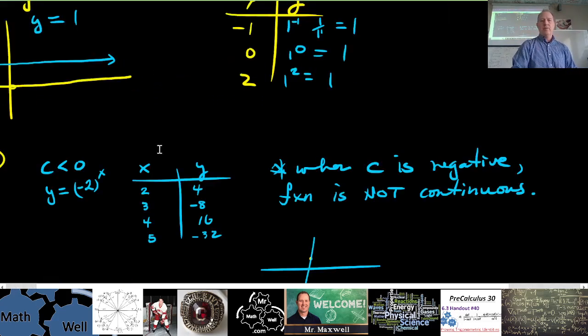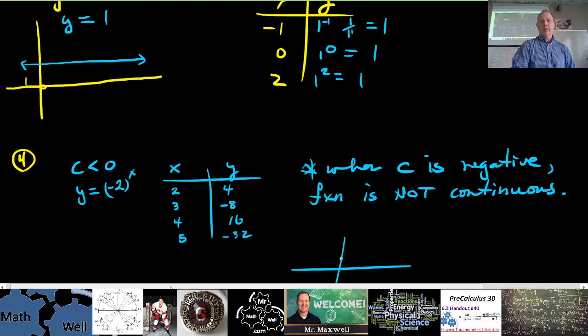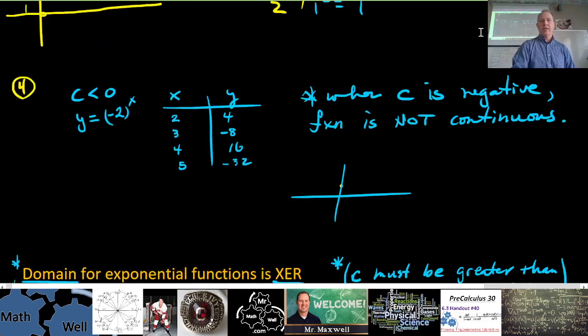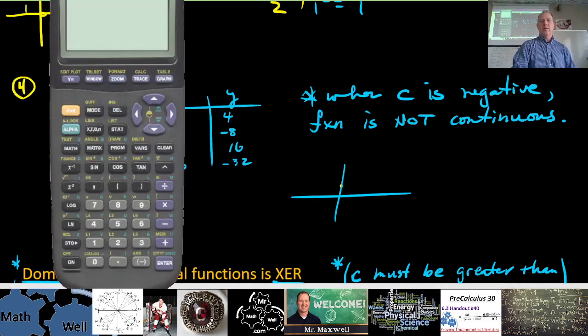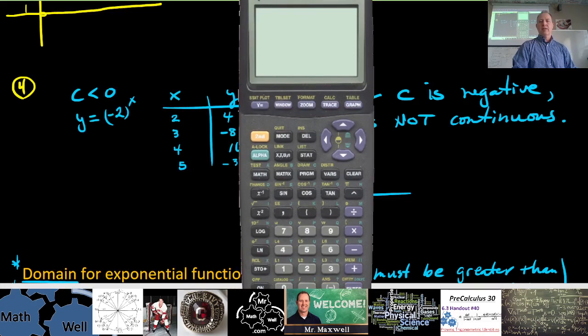So what happens if we have a negative value for c? So c is less than 0. Let's say that c is -2 to the power of x. It should be noted that if you type -2 to the power of something like 4 into your calculator, you're going to get -16.